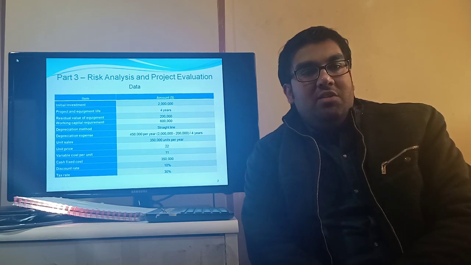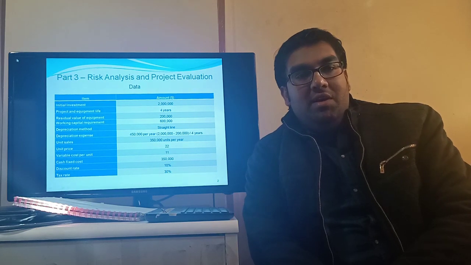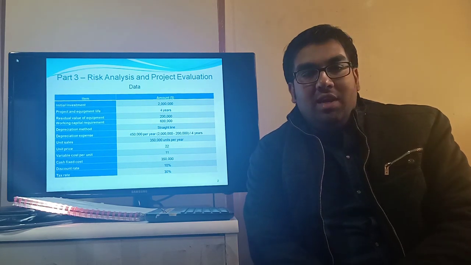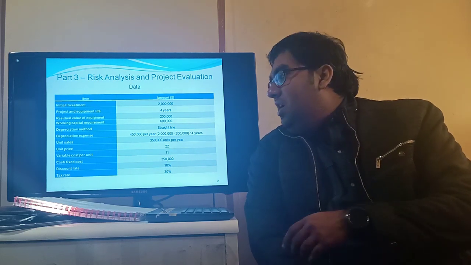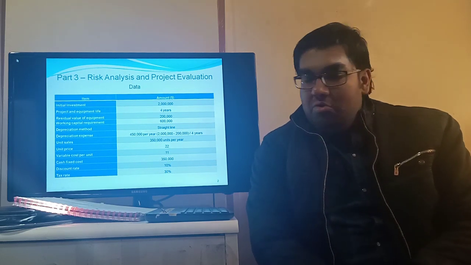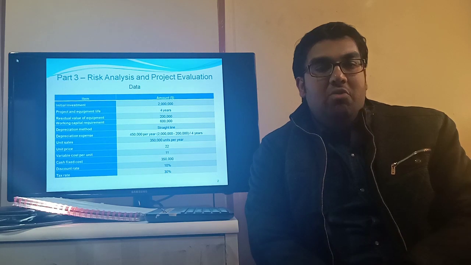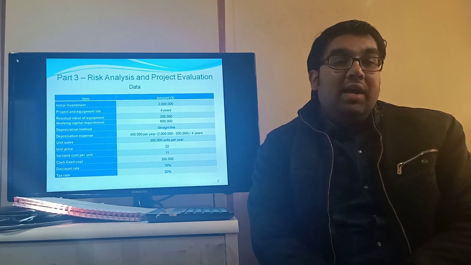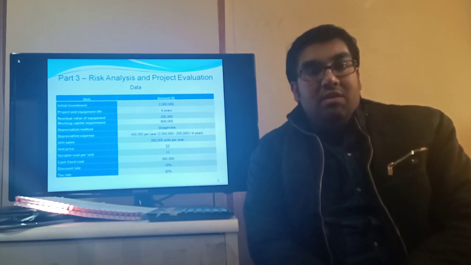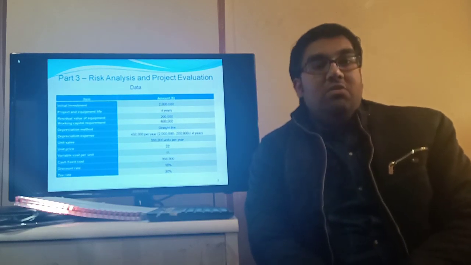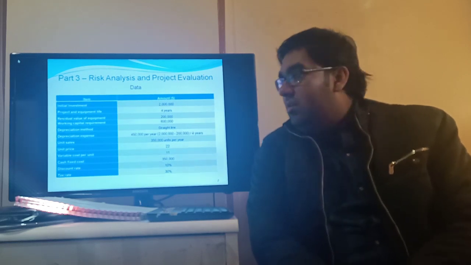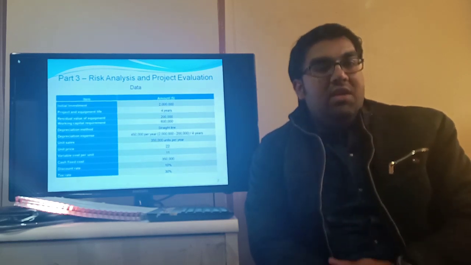The depreciation expense was $450,000 per year, and the expected annual sales were 350,000 units at the price of $22 per unit, and the variable cost of $11 per unit. The project also involved cash fixed expenses of $350,000, while the discount rate and the tax rate of the project were 10% and 30% respectively.